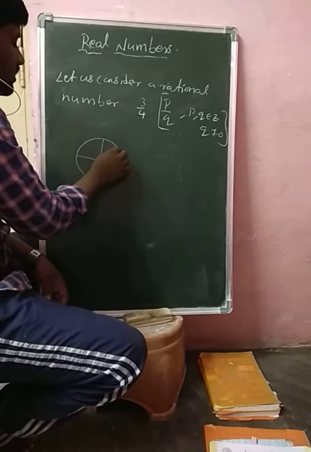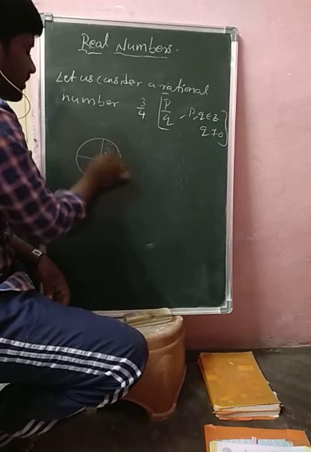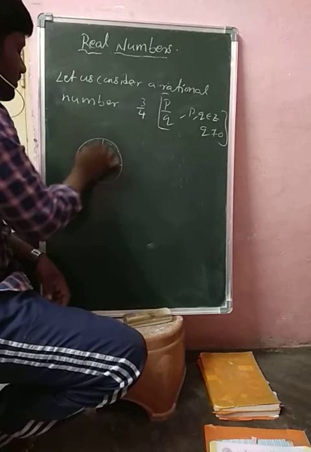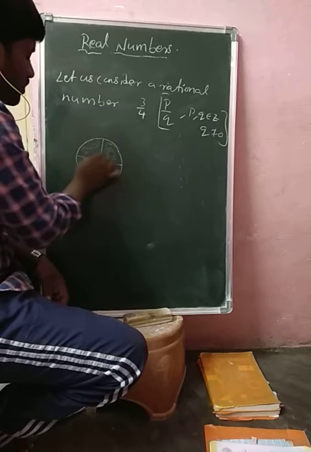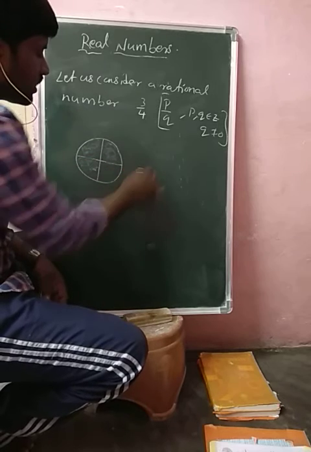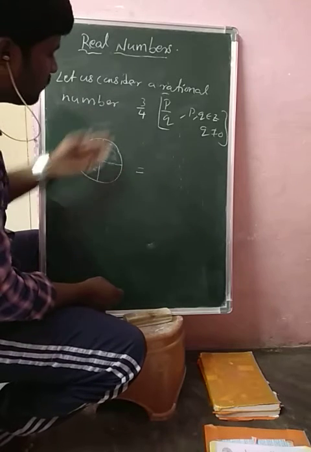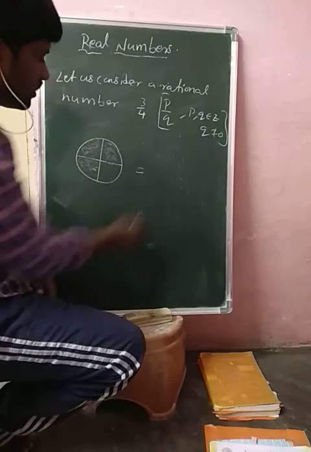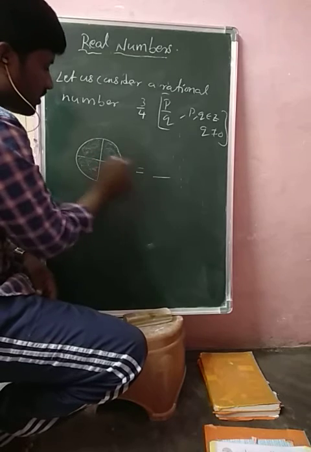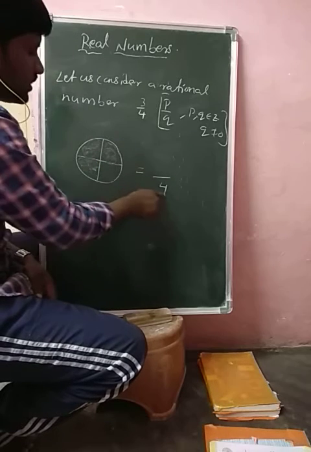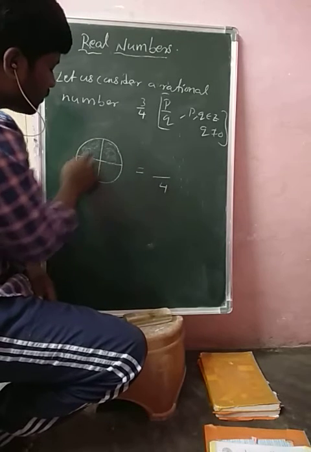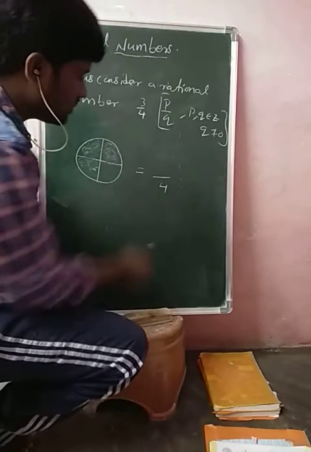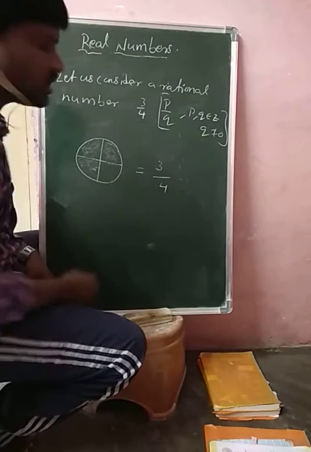Now see here, I am shading 3 parts. So pictorially we can represent 3 by 4 like this, because the total number of parts is 4. Out of these 4, we shaded 3 portions.